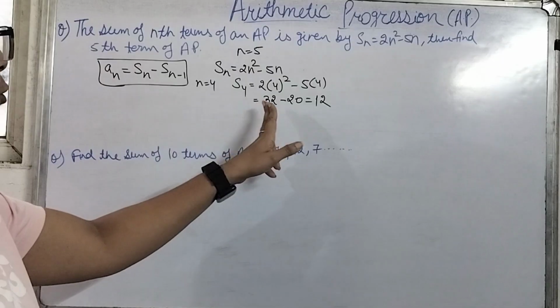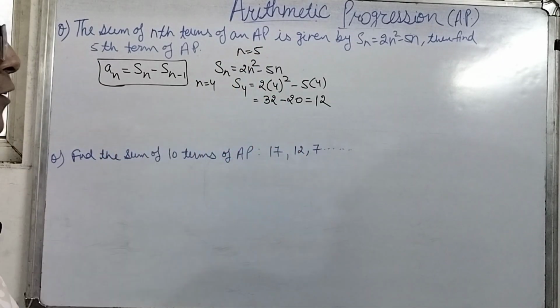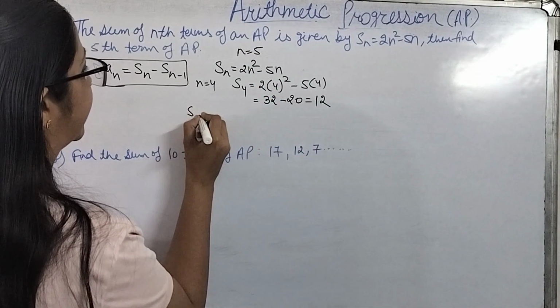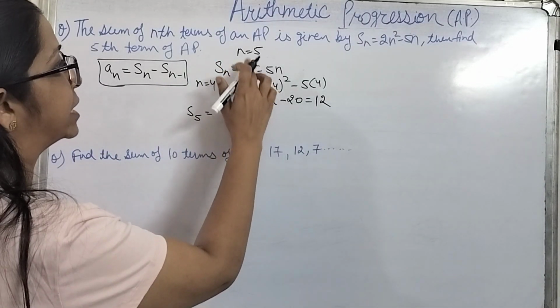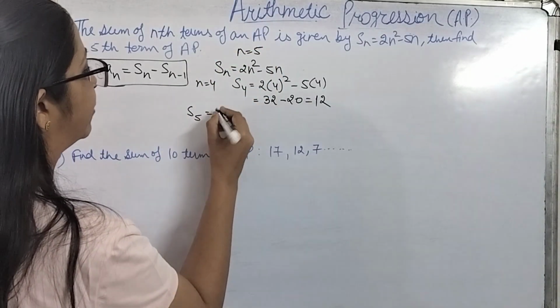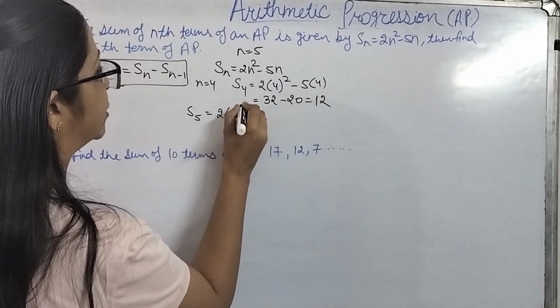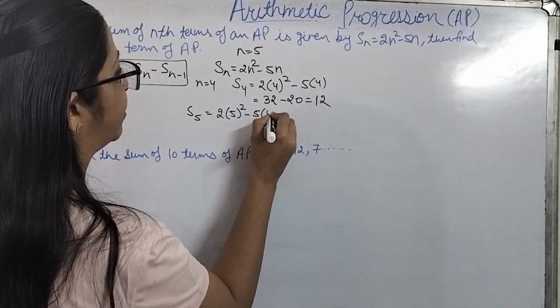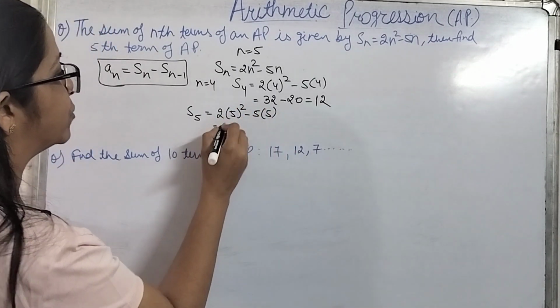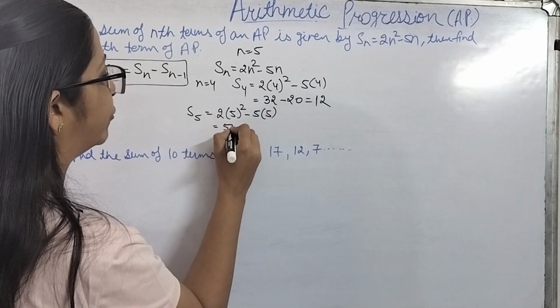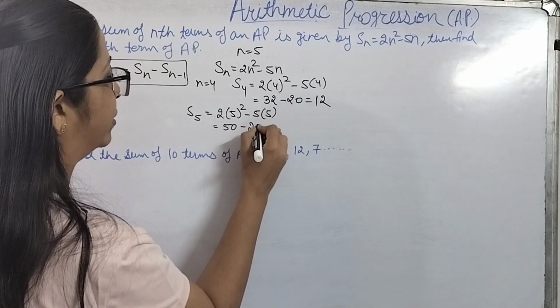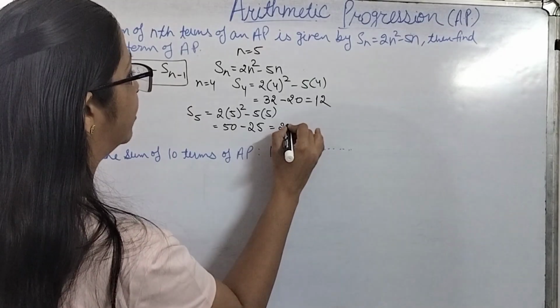Now the sum of 4 terms is 12, and we need to find the sum of 5 terms also. So for S5, wherever n is coming, we replace n by 5. So S5 will be 2 multiplied by 5 square minus 5 multiplied by 5. 5 squared is 25, 25 into 2 is 50, minus 25 gives us 25.